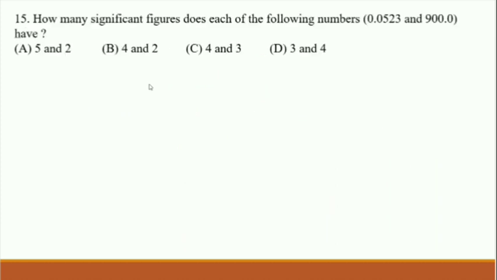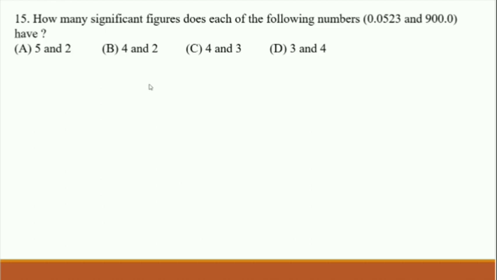How many significant figures does each of the following numbers have? 0.0523 and 900.0. For counting the significant figures of a number, the rules are: zeros before a non-zero number, after the decimal, are not significant.